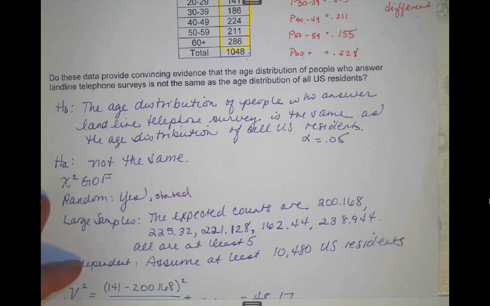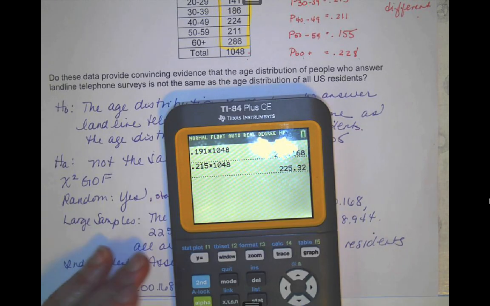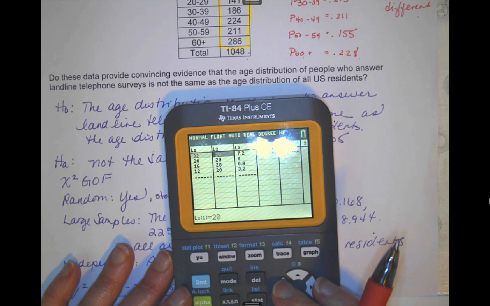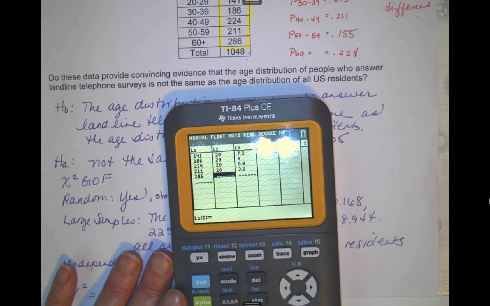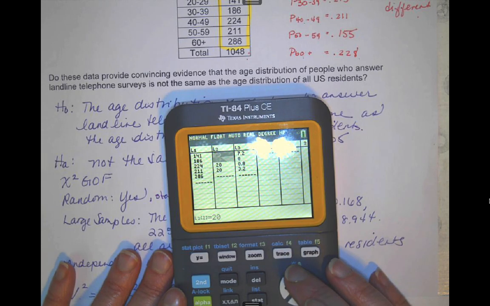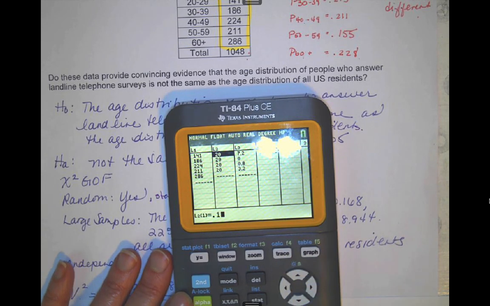And then again, depending on how you do it, if I was here in my list, I've got my 141, my 186, my 224, my 211, my 286, and then in the next one, I've got my expected counts. So I've got 0.191 times the 1048, 0.215 times the 1048, 0.211 times the 1048, 0.155 times the 1048, 0.228 times the 1048.